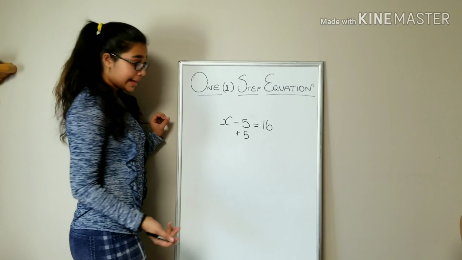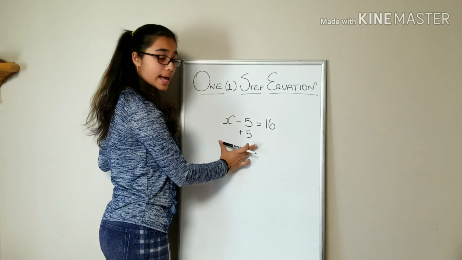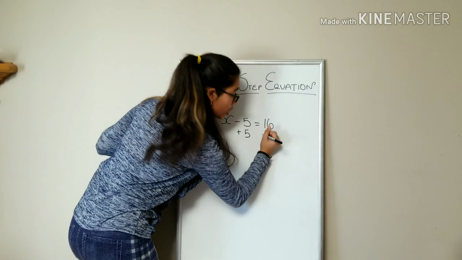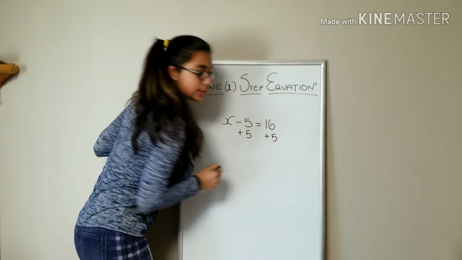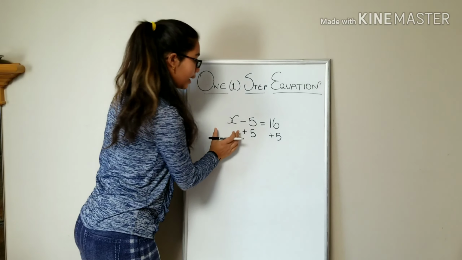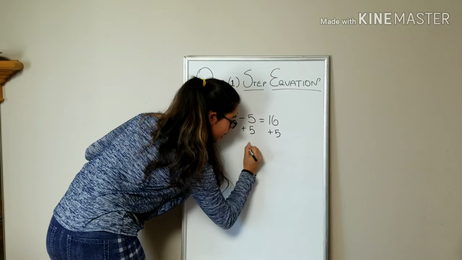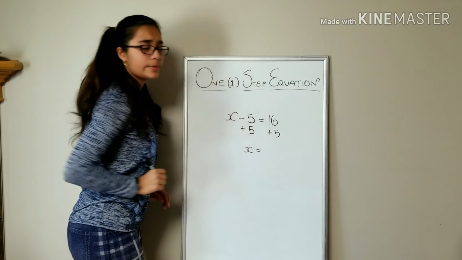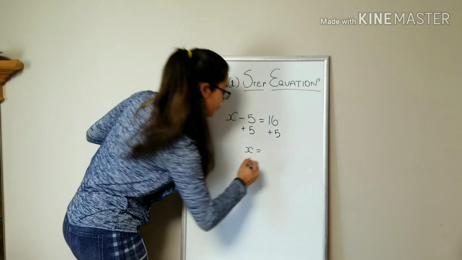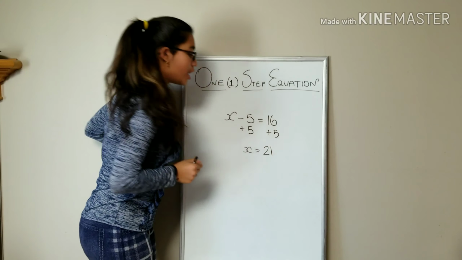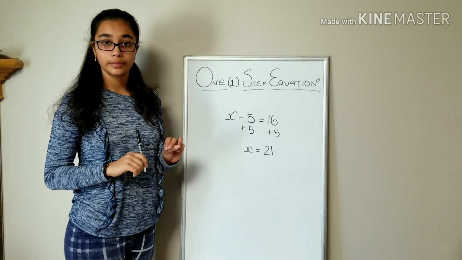And from our balance scale, we know that whatever we do to this side, we do to this side. So we add 5 to our 16 as well. Here, we're left with only x, and 16 plus 5 is 21. So x equals 21.